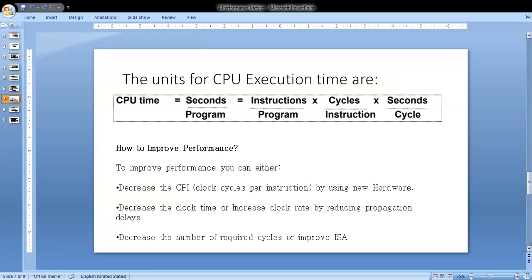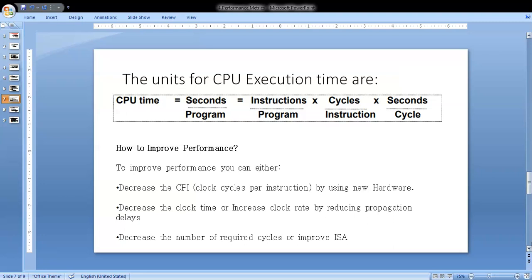Okay, how can we improve the performance? The performance can be improved by means of improving the overall efficiency of the computer. That is the first one. So logically speaking, we have to go by decreasing the clock cycles per instruction that is assigned by the hardware.